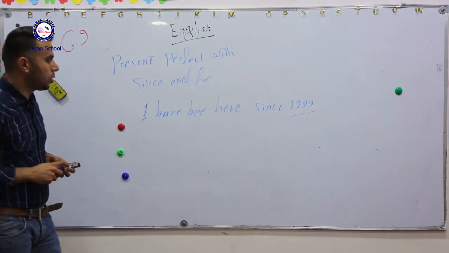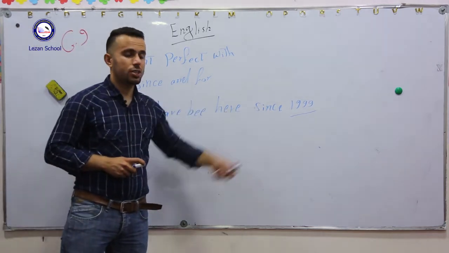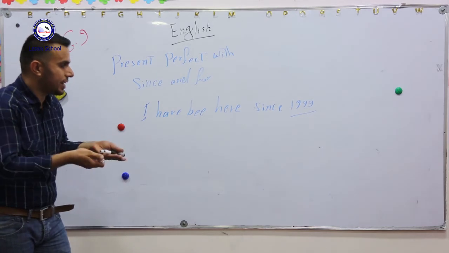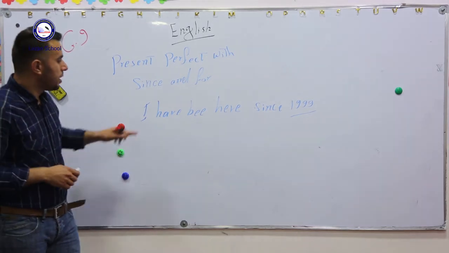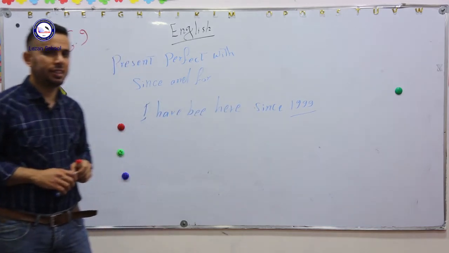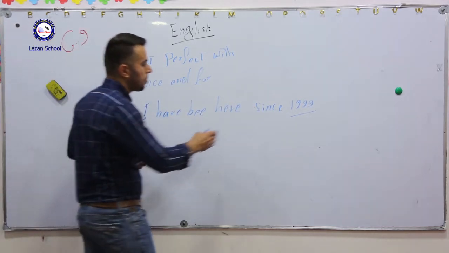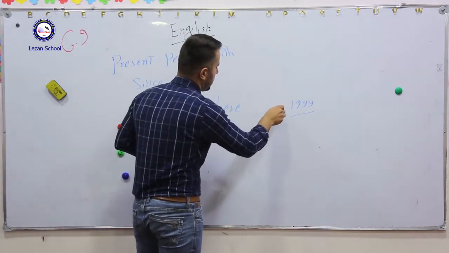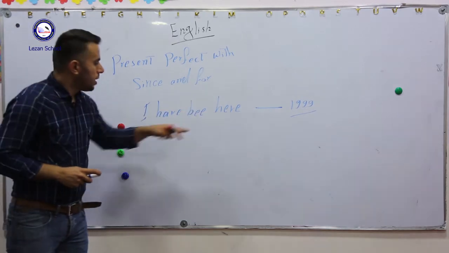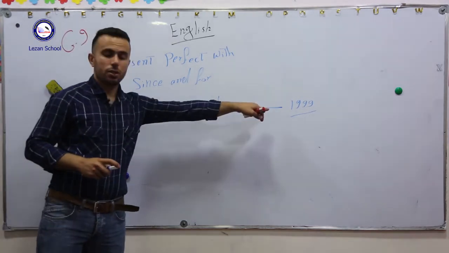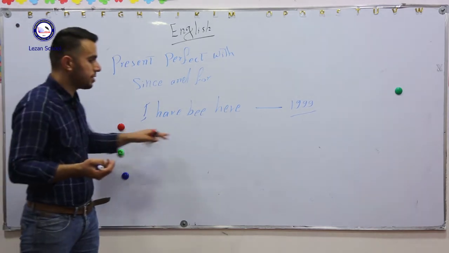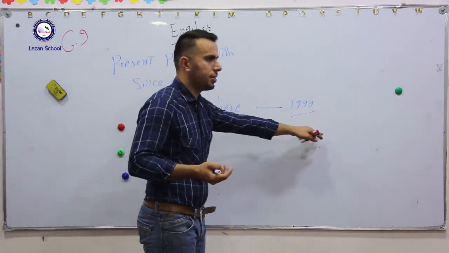Since, as I told you, you can use with a date or time of starting an action. I have been here since 1999. So in the exam, I will make it like that: I have been here, dash, 1999. And I will give you 4 options: since, for, already, yet.